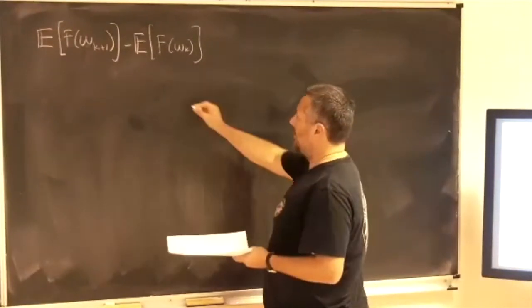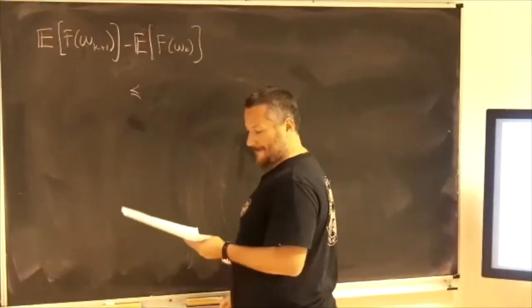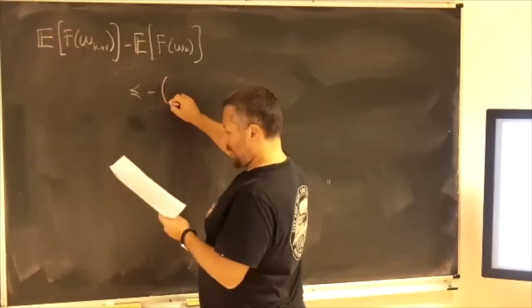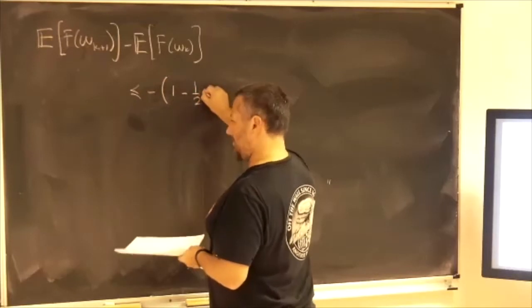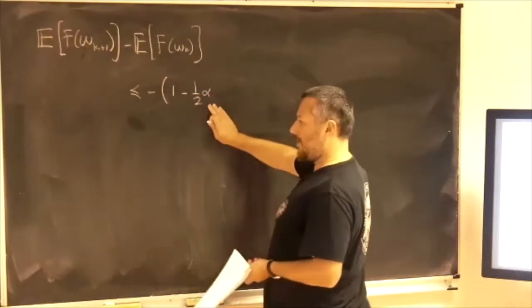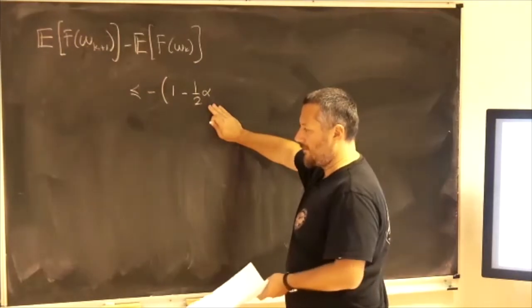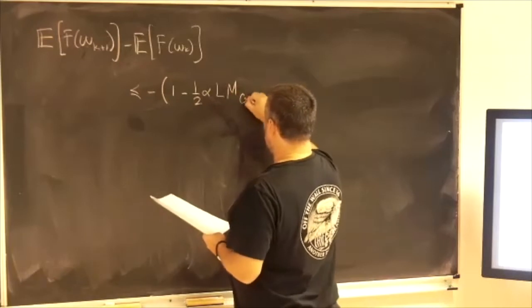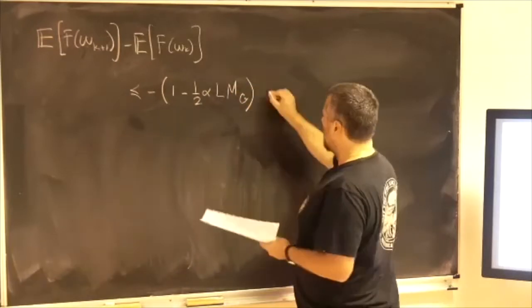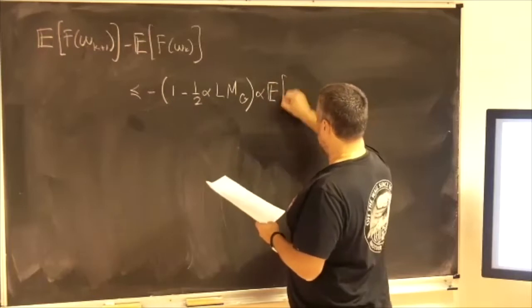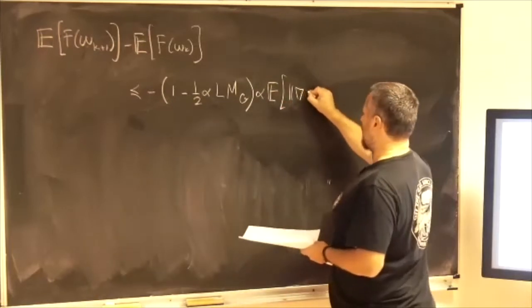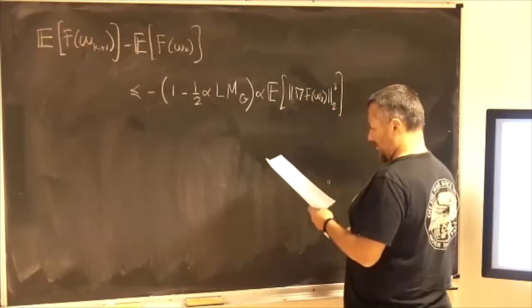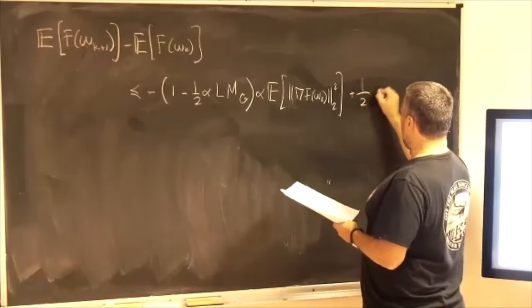Now, let's see. This is smaller than or equal to negative 1 minus 1 over 2 alpha. Now, alpha is a constant. We don't have alpha k, it's always fixed. Alpha times the expected value of the squared norm of the gradient, plus this constant.